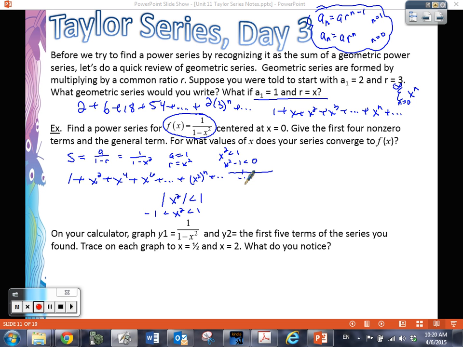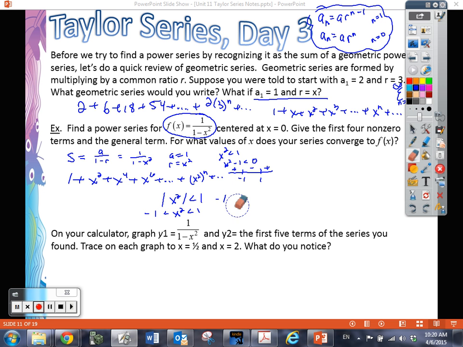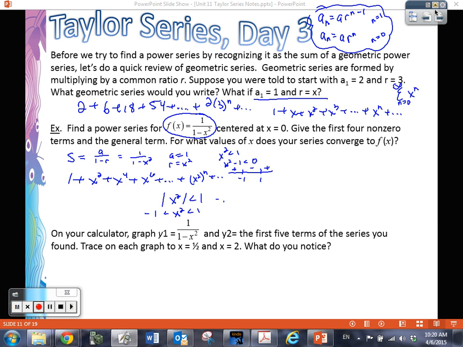Some of you already know what this is going to turn into. Basically, my signs would look like this, and I want it to be smaller, so my interval of convergence is between -1 and 1. And I don't have to check the endpoints because this is geometric, and we know that the endpoints are not included in geometric. So this would be from -1 to 1.